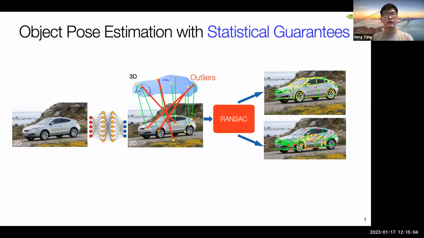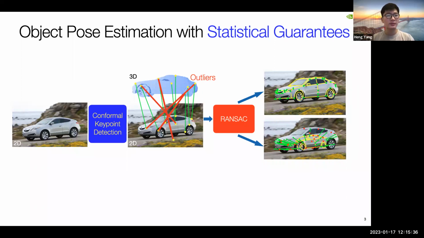In this talk, we aim to give an answer to these two challenges. This is an overview of the solution that we propose, and we call it object pose estimation with statistical guarantees. We bring two fundamental changes to this object pose estimation pipeline. The first change is that instead of using a black box neural network model, we wrap this black box model in a statistical framework called inductive conformal prediction.